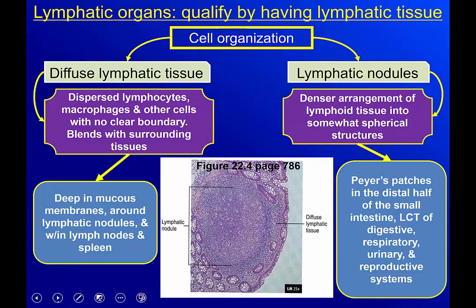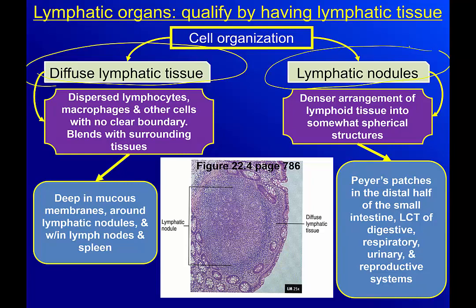Now, cell organization can be diffuse, where they're just kind of dispersed everywhere, or it can be dense, which is a lymphatic nodule. If you look here, you can see this sphere right here. That sphere is a lymphatic nodule. You can also see that there are cells out here. Yes? Those would be the diffuse lymphoid tissue.